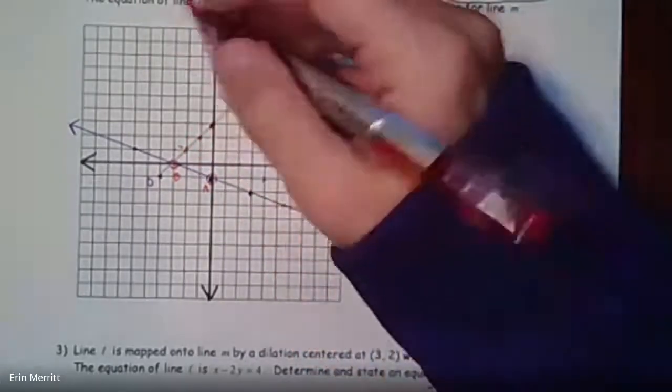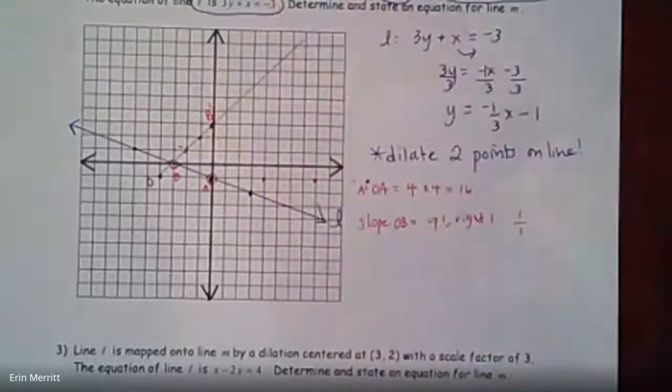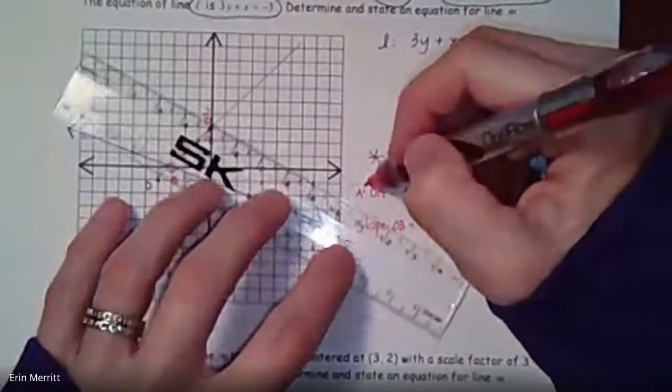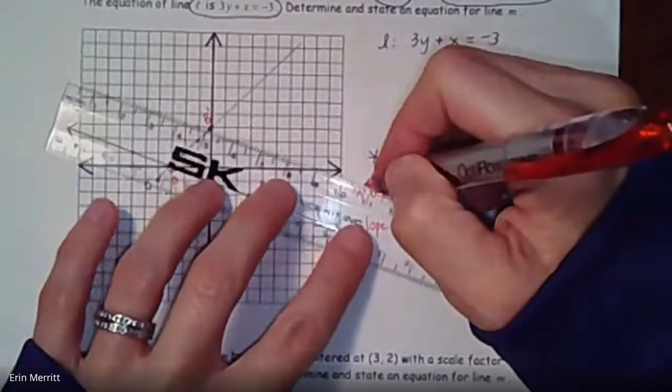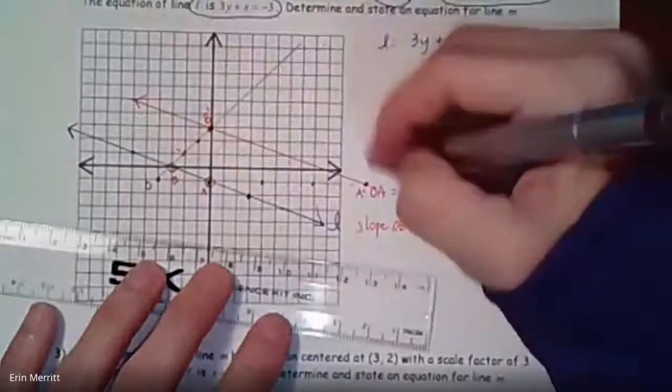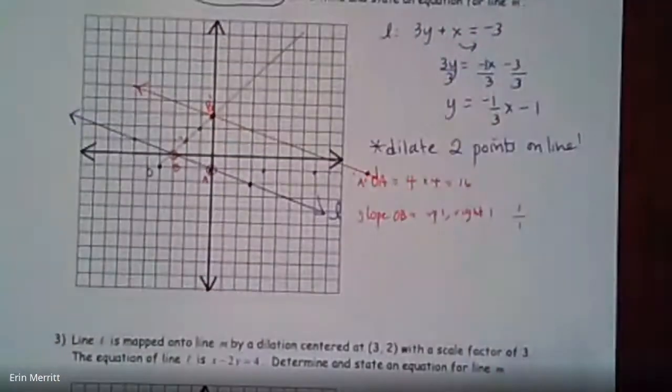So that's going to move the point that I called B to B prime right here. And if I can now connect my A prime to my B prime, let's see if this looks okay here. I end up with that.